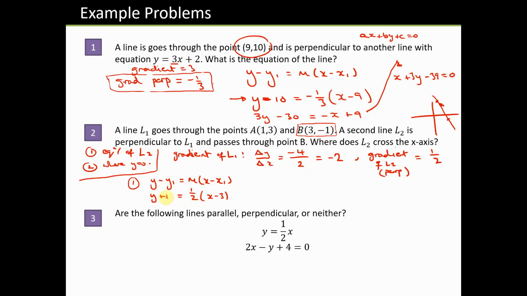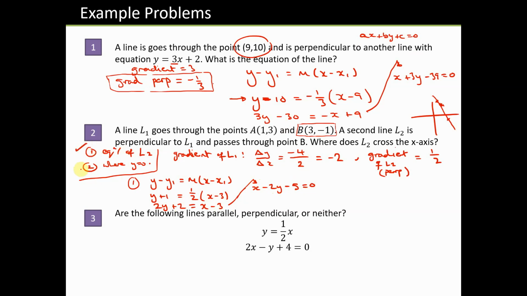So timesing by 2, in this case, I'm going to get 2y plus 2 equals x minus 3. Going on to this line here, I'm going to make this into the same form as I've done before. So x minus 2y, taking 2y to the other side, taking 2 to the other side, minus 5 equals 0. So this is my equation of L2.